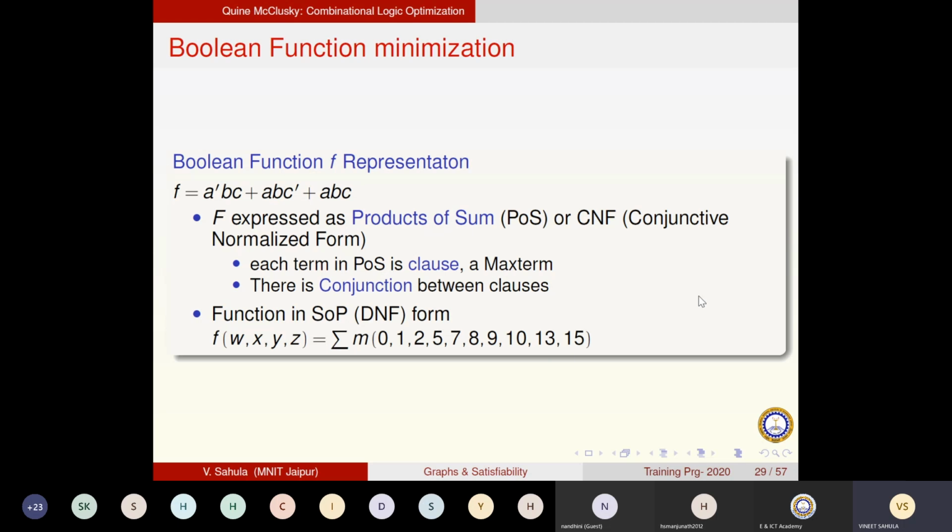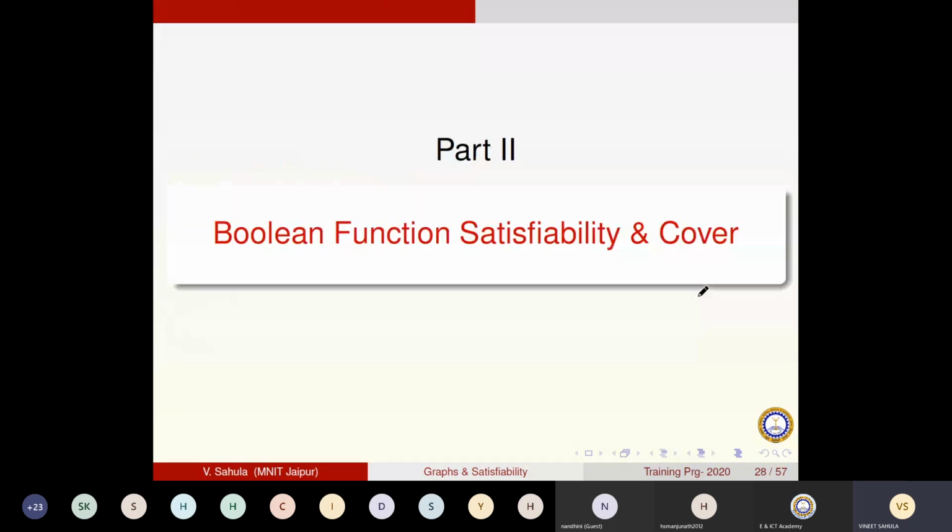For size 3 K-map, can you draw it? I can draw it here for you.